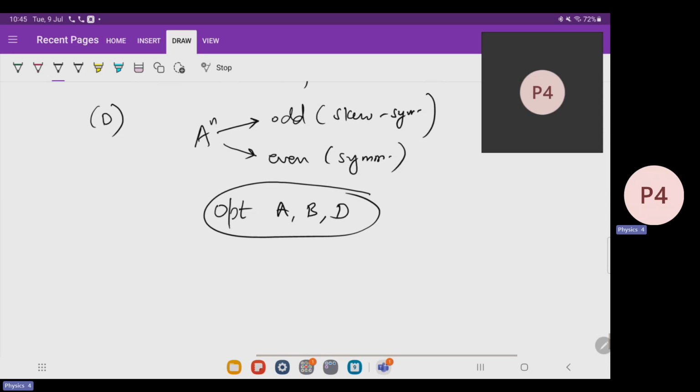This was question number 39. Question number 40.